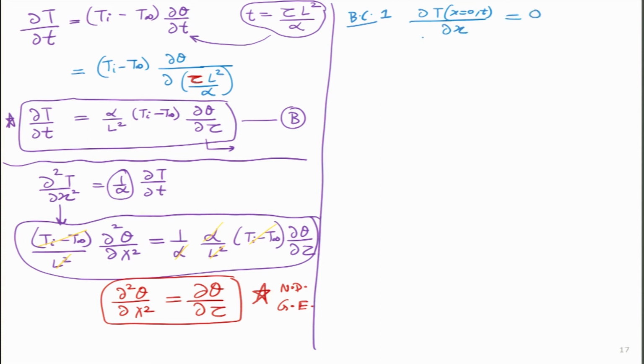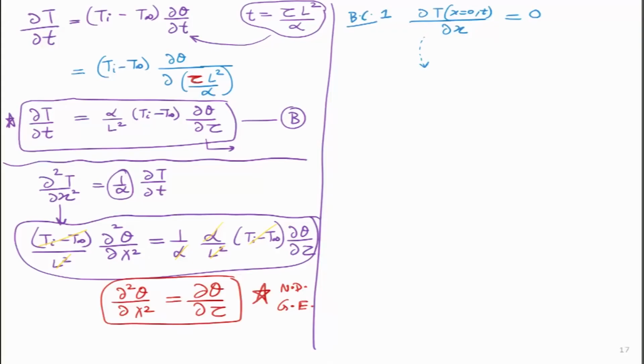If we do the non-dimensionalization for this, how will we do it? Again we will have to put capital T in terms of theta, then small x in terms of capital X. So what we get in turn over here is del theta at 0 comma tau divided by del x is 0.